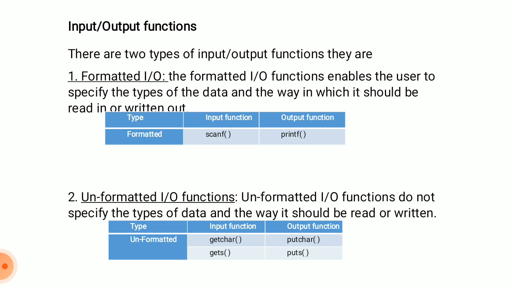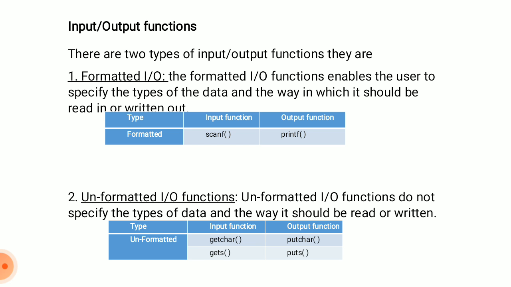C treats all devices as files. Input devices are the keyboard, mouse, scanner and so on, and output devices are the screen, that is the monitor, printer, plotter, etc. Devices are addressed in the same way as files.